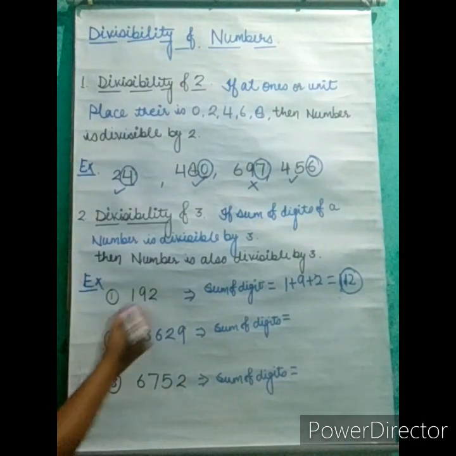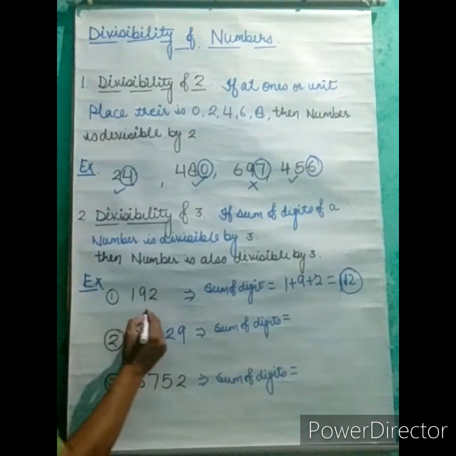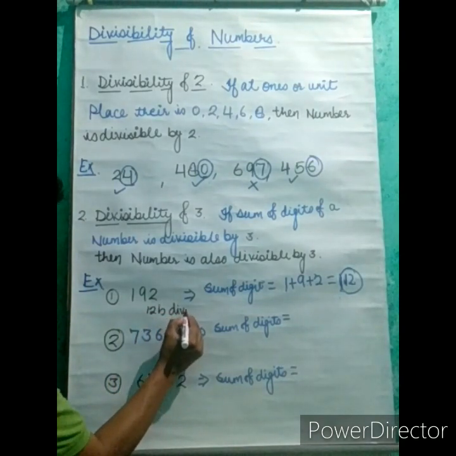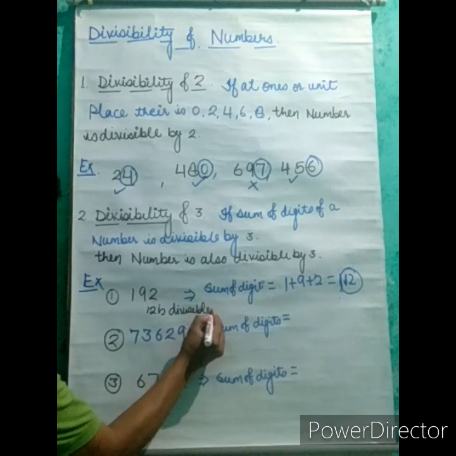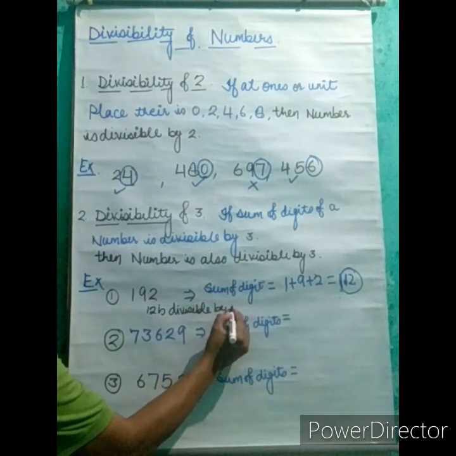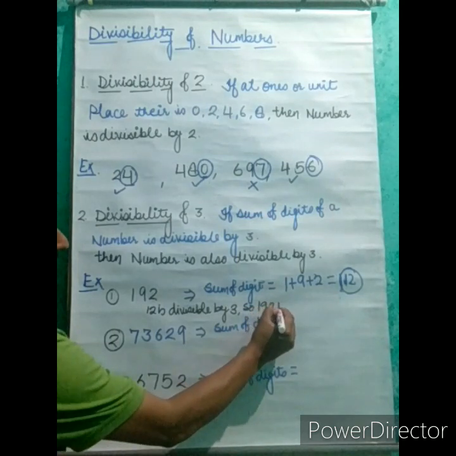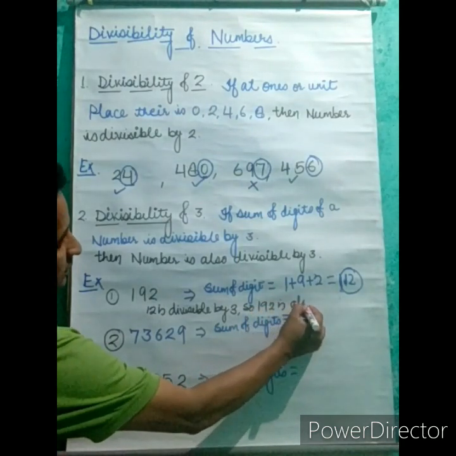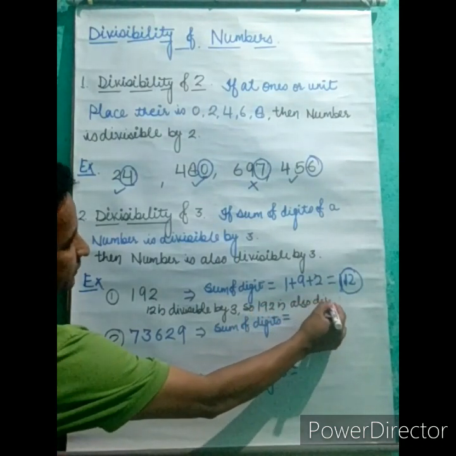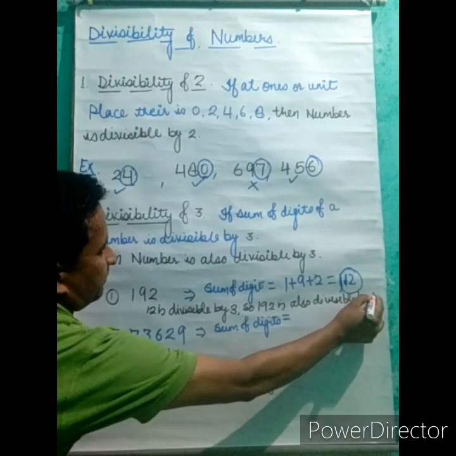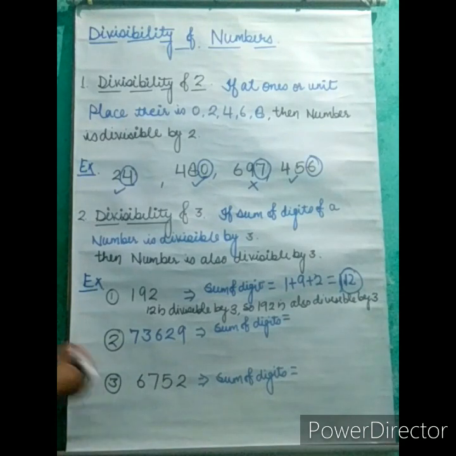So we can write here, 12 is divisible by 3. So 192 is also divisible by 3.